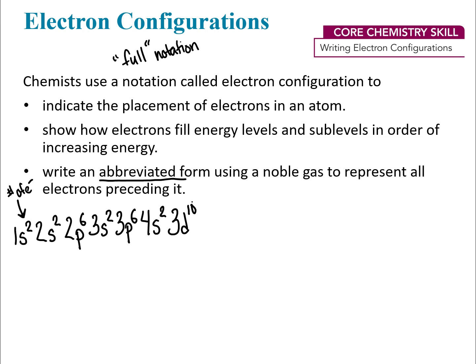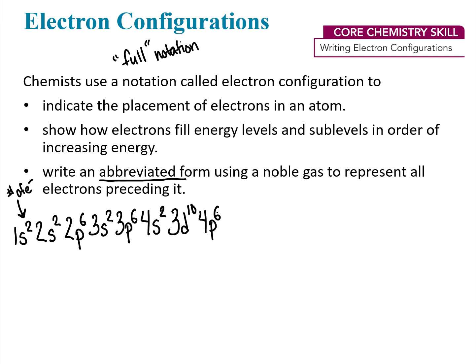So you're going to want this that I'm writing in your notebook, but you're also going to want to have a printed periodic table that you can mark up with color pencils or markers or whatever you have, so that you can mark it up the way that I do in the coming slides. So we filled our 3d10. The next thing you're going to fill is the 4p, and the p can hold another 6 electrons.